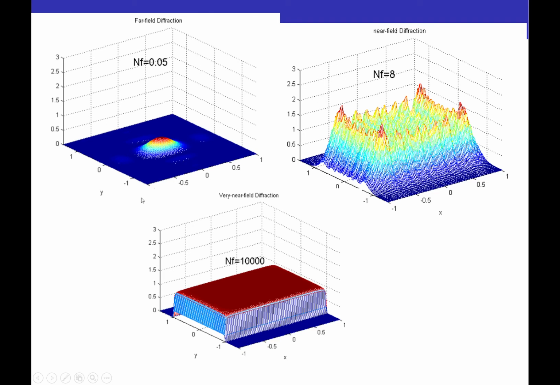And then we did not know how it would look for the very near case. The field at the observation plane should be very similar to the aperture itself. And then as it moves away, it shows this kind of ripples, and then eventually it goes down to the sinc functions. Okay.